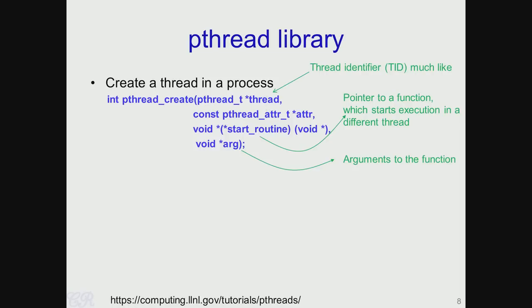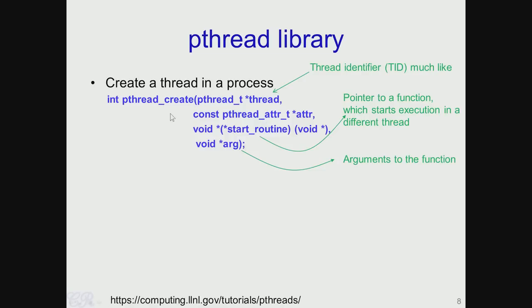This is very similar to the process identifier or PID, which we have studied in the process video. The second argument to pthread_create is the attribute.